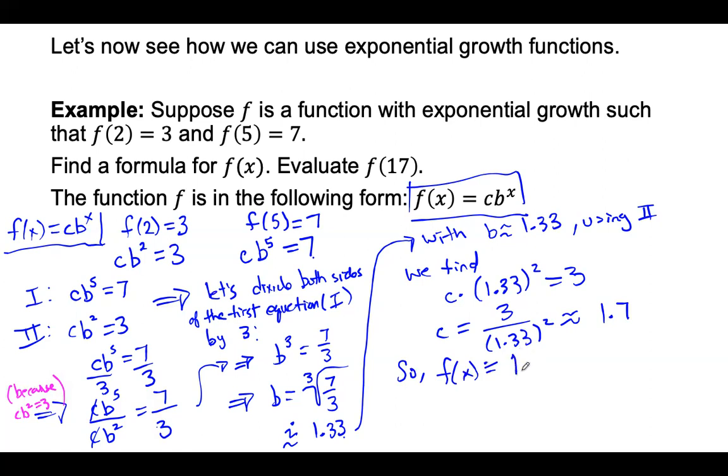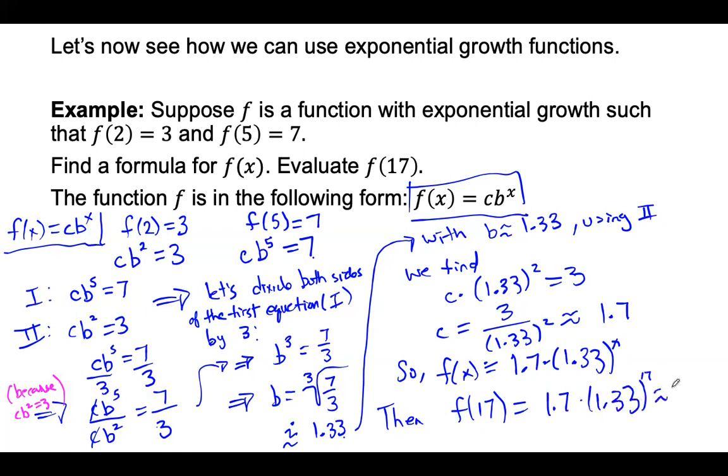So it's approximately equal to 1.7 times 1.33 exponent x. So then f at 17, we can evaluate this. This is approximately equal to 216.7.